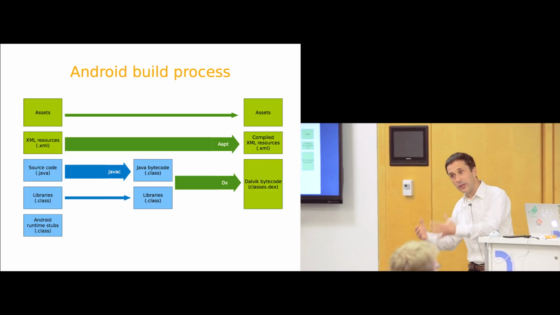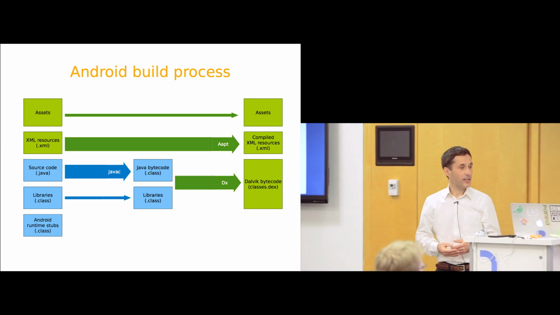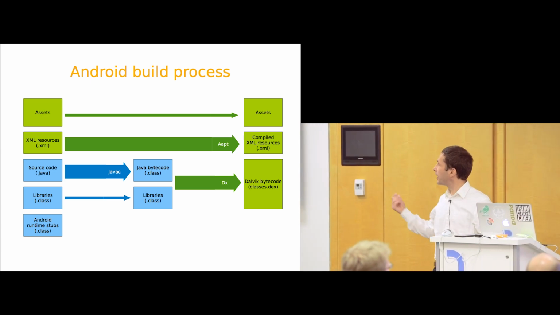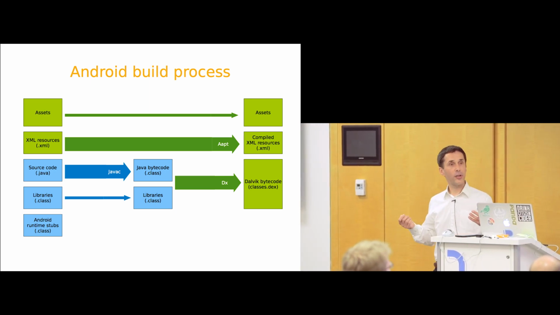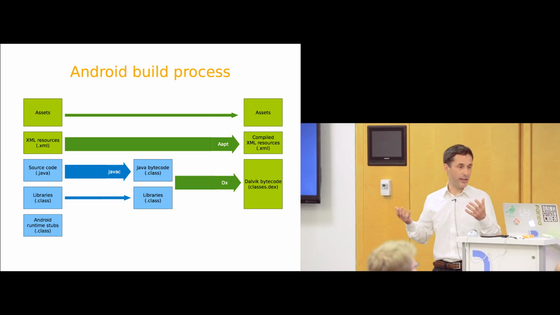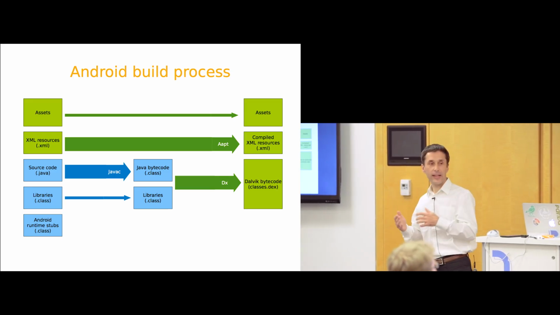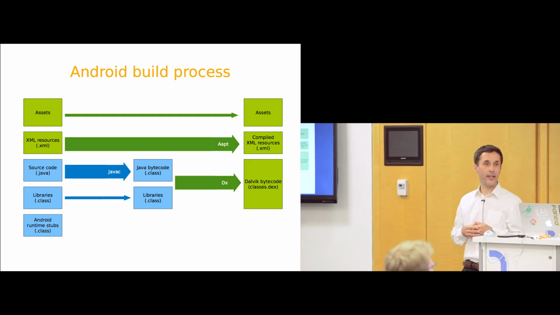Now, going into some more detail, what's happening inside that build process. You start from the left-hand side, from your source code: the assets, resources, Java source code, perhaps some external precompiled libraries, maybe native code, and all of that goes through the build process to get everything that goes into the application.